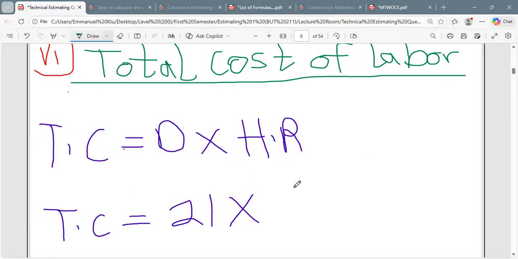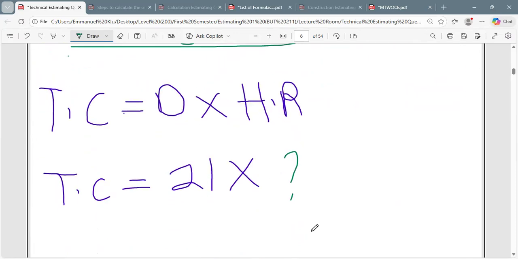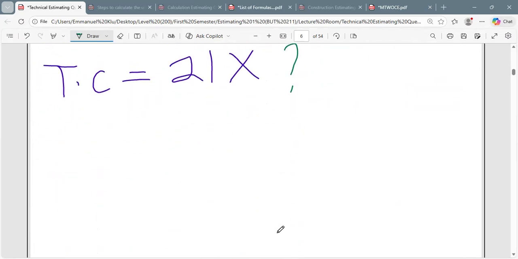Now we have to go and calculate for the hire rate.